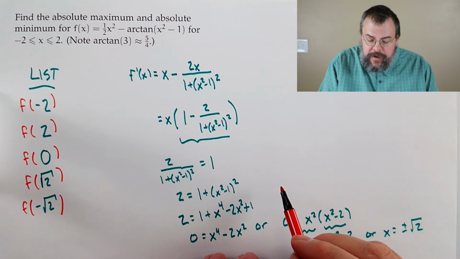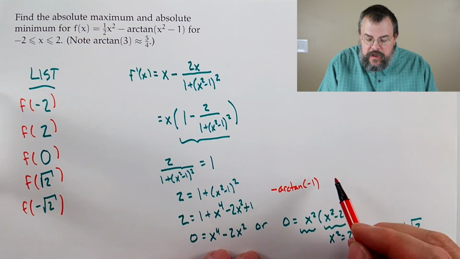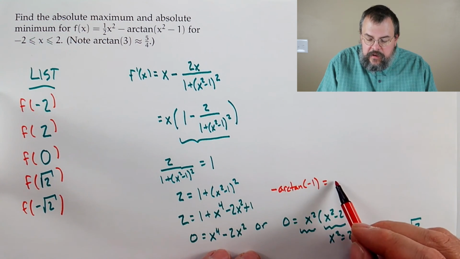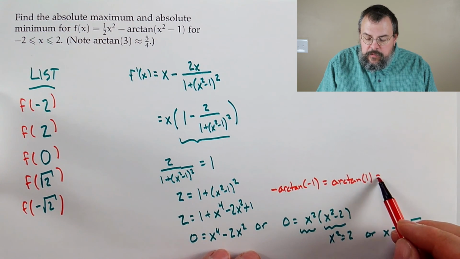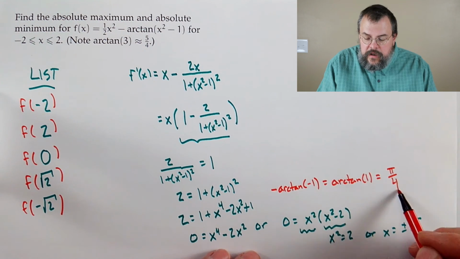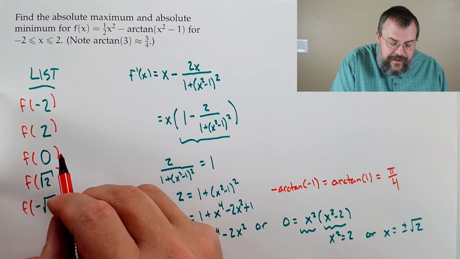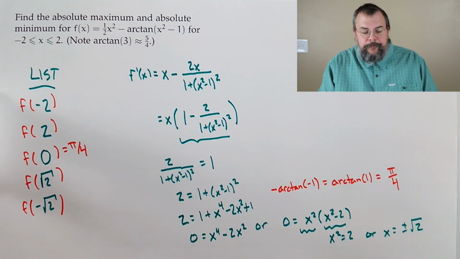So what does that mean? Well, minus arctangent of minus 1, I can pull that minus out so that the two minuses cancel. It's really the same as arctangent of 1, which is pi over 4. So at 0 we have pi over 4.